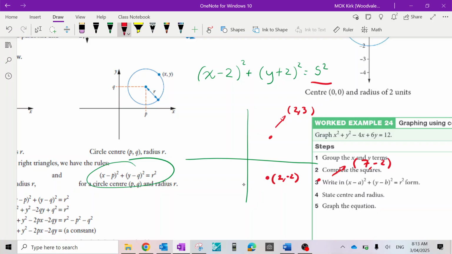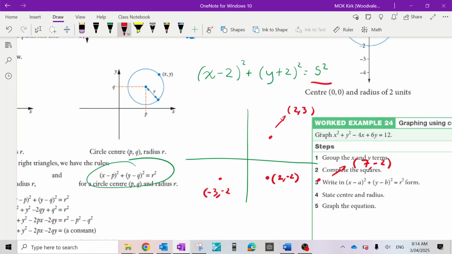This one here is 2 here, and the point here will be -3, -2. Okay, and then the lowest point will be at 2 and -7.